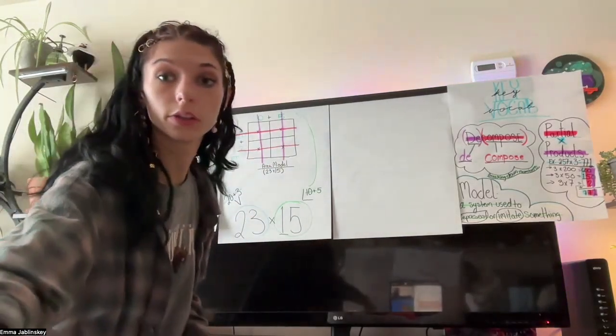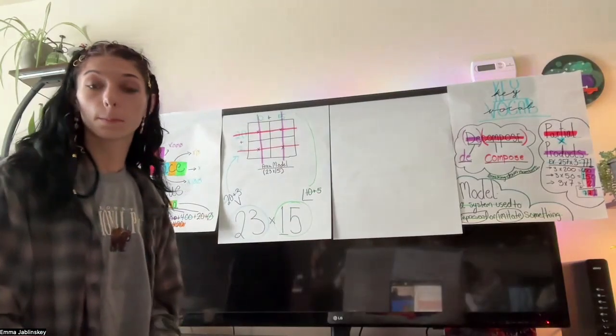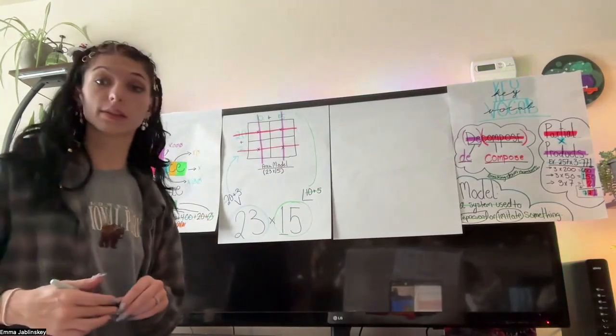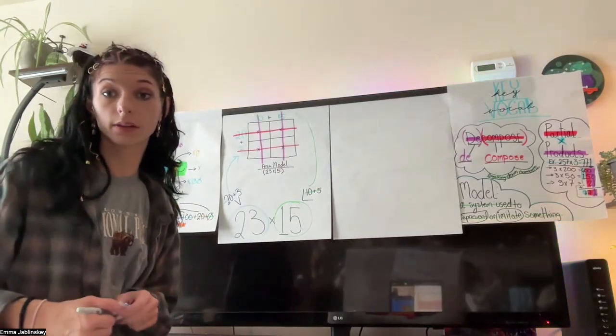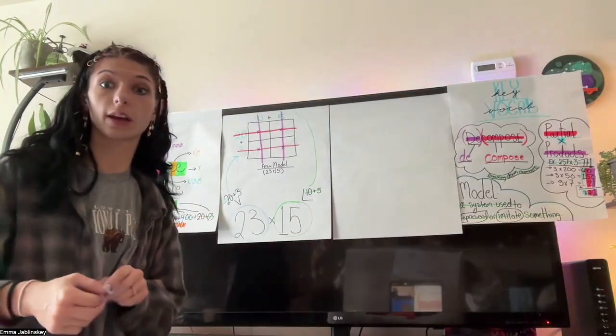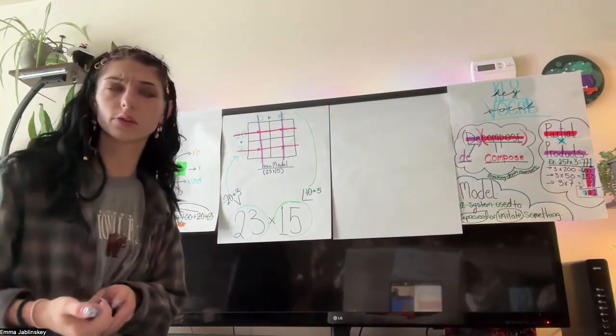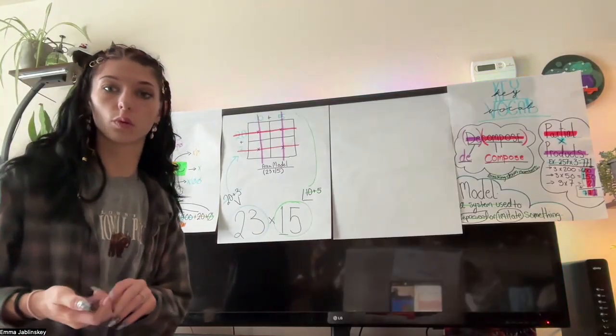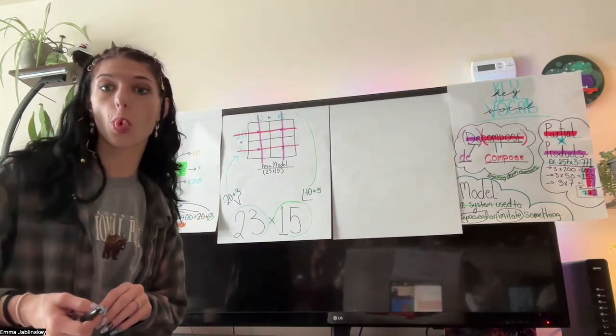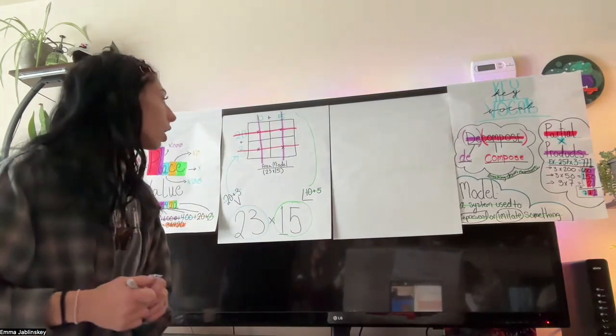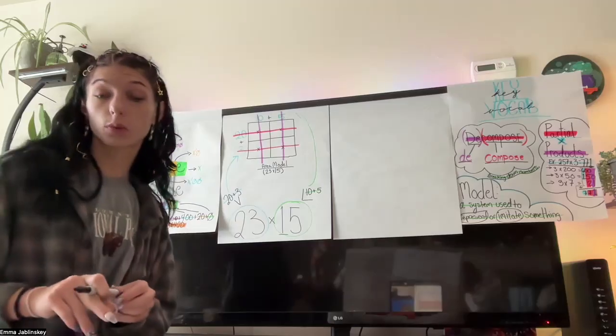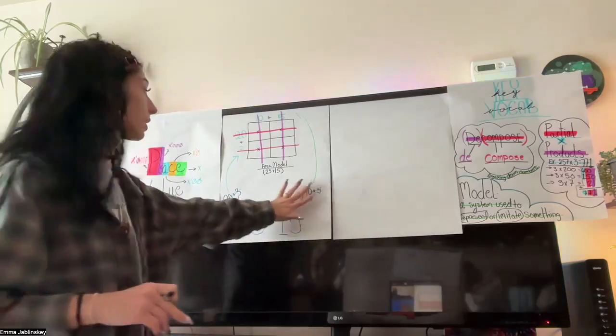If this looks familiar to you, that is because as fourth graders, you learned in science about Punnett squares and how they create different genetic traits like blue eyes or connected earlobes or rolled tongues, like going like that. A Punnett square is an area model, so we're using the same thing.